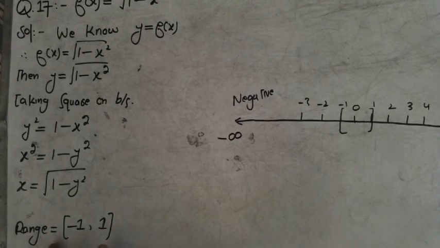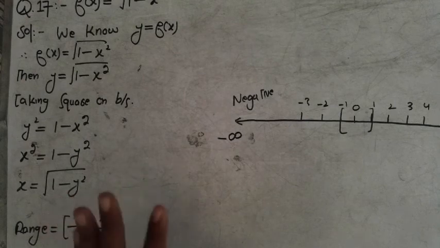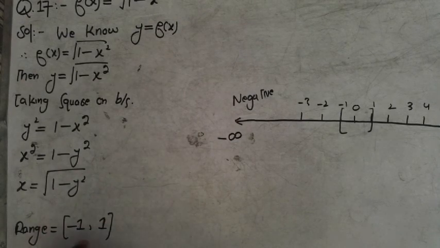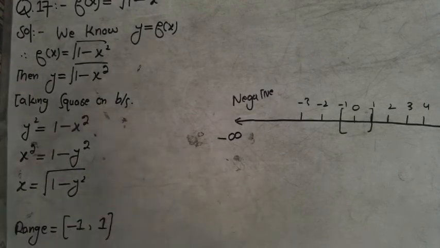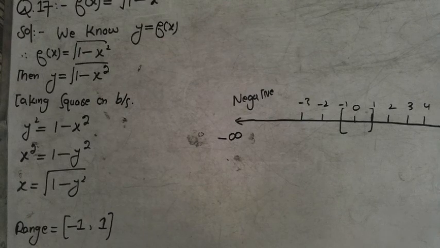Other than these values, we cannot put any values which are greater than 1 or less than -1. It is because if we put any other values beyond 1 and -1, then the answer of our function will be a complex number.